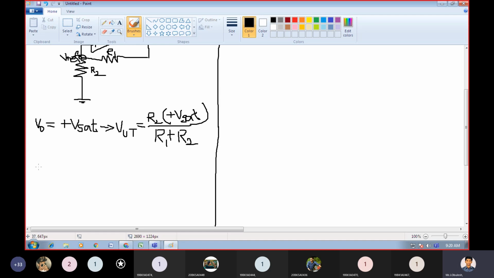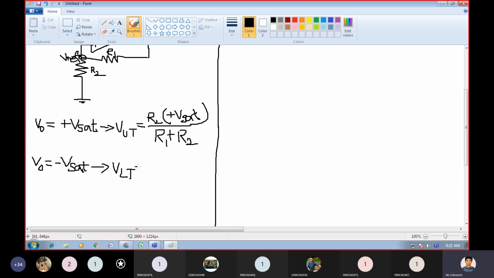When V0 is equal to minus V saturation, then the feedback voltage is called the lower threshold voltage, VLT.